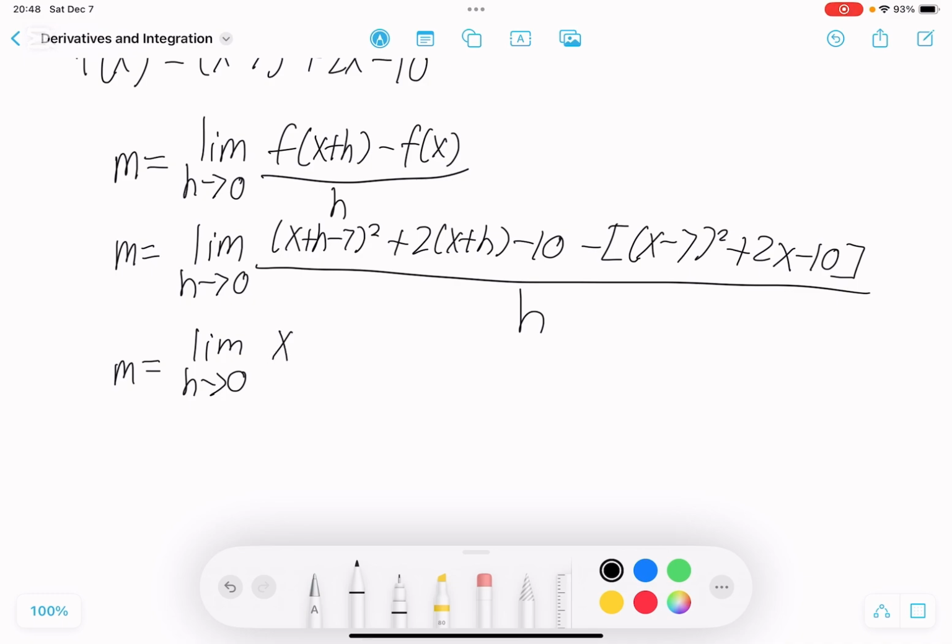So first we have (x plus h minus 7) squared. That's basically (x plus h minus 7) times (x plus h minus 7).